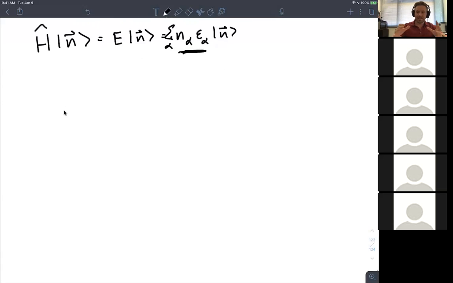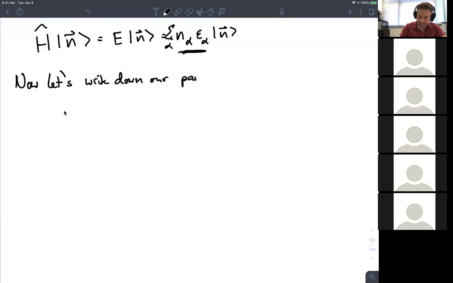Okay, so now we can use that information to write down our partition function. First of all, let me write down what it would be in the canonical ensemble, that is, with a fixed total number of particles. And you're going to say, wait.